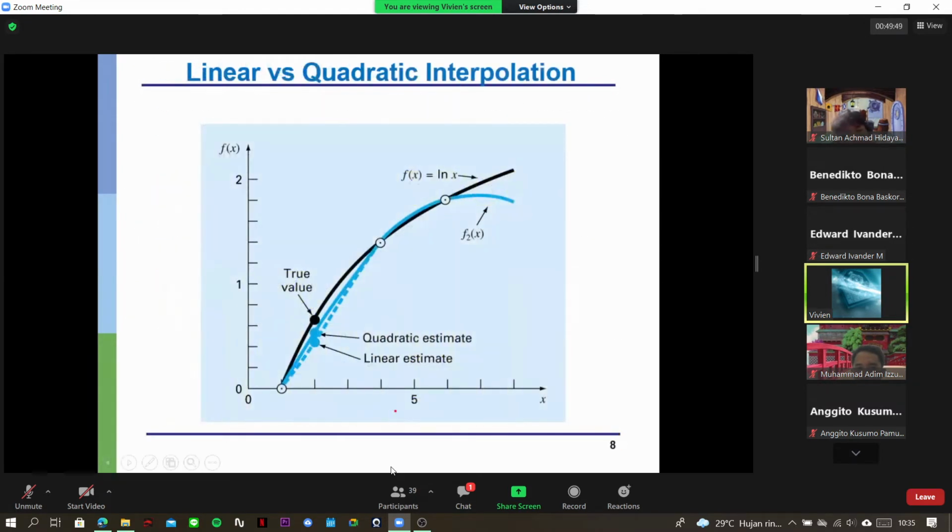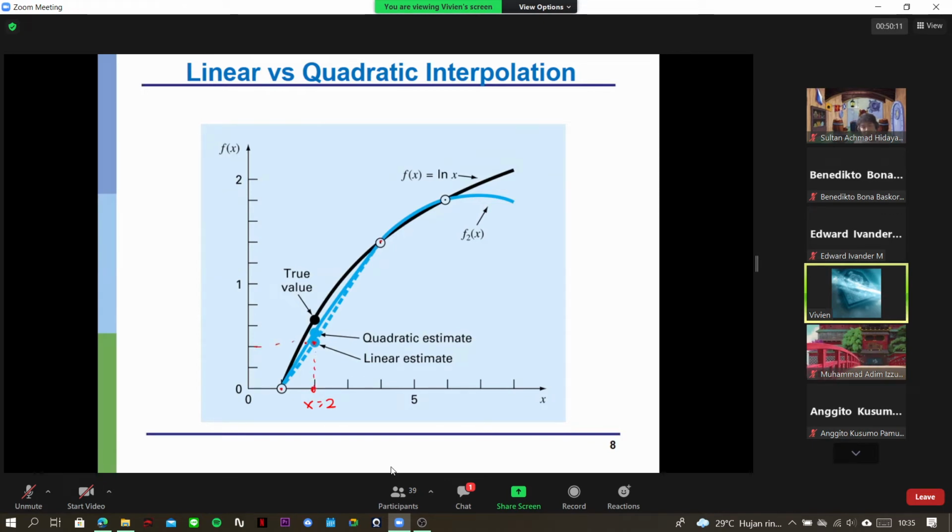So this is the illustration. If we have, for example, 3 data points and want to approximate a value at x equals 2, we can use only 2 points, that will be fine. If we use 2 points, we have a linear line, shown by the dashed line here, so the result will be here.